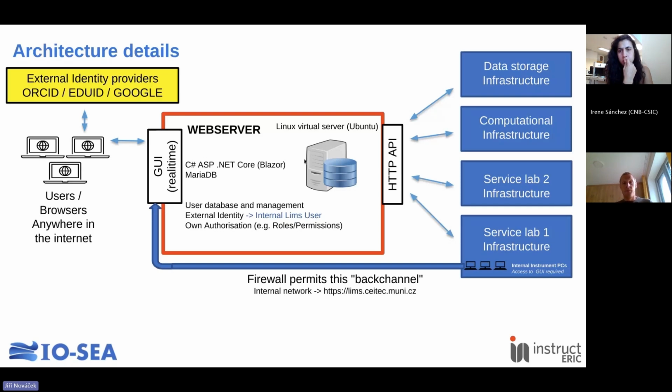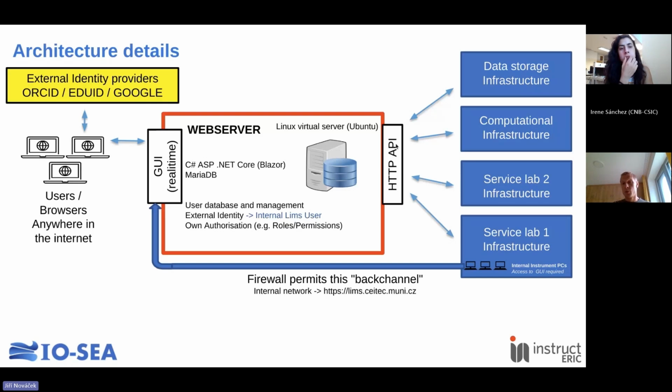And that web server provides a graphical user interface that you can use to interact with the whole system. That web server also in parallel is an orchestrator and communicates with all of the nodes.